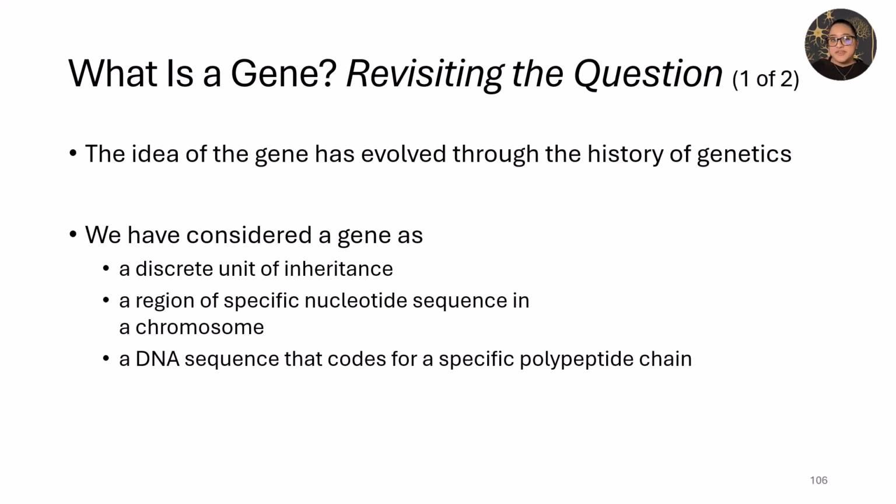So again, revisiting the question of what is a gene, what does it code for? It's evolved through the history of genetics. We have considered a gene as a discrete unit of inheritance, a region of specific nucleotide sequence, a DNA sequence that codes for a specific polypeptide chain.